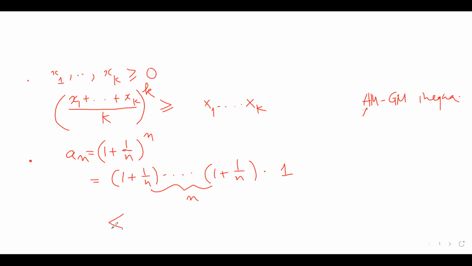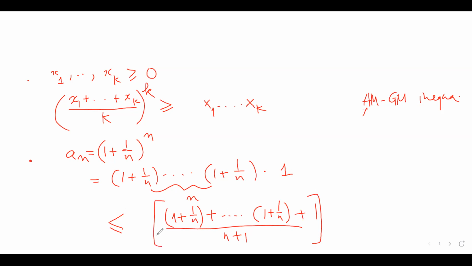So this is going to be less than or equal to the sum of these, and then you divide by the number of terms, and you raise to that power.